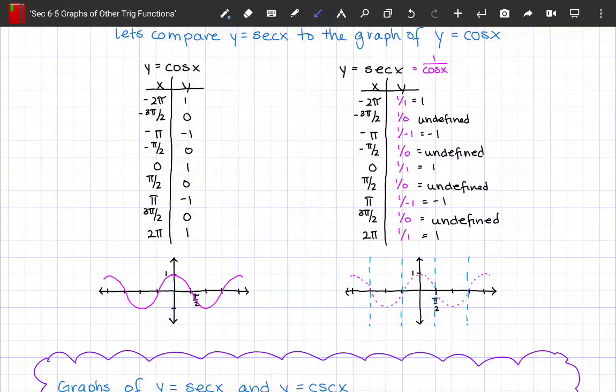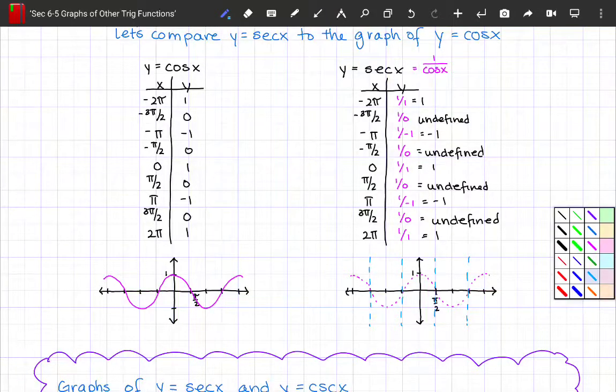And then everywhere that cosine was 1, secant will also be 1. Everywhere cosine was negative 1, secant will also be negative 1. So when the cosine was 1, so will secant. When cosine was negative 1, secant will be negative 1. When cosine is 1, and then so on.